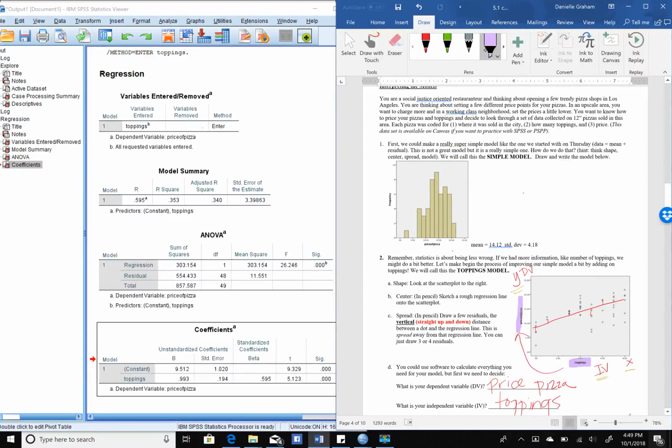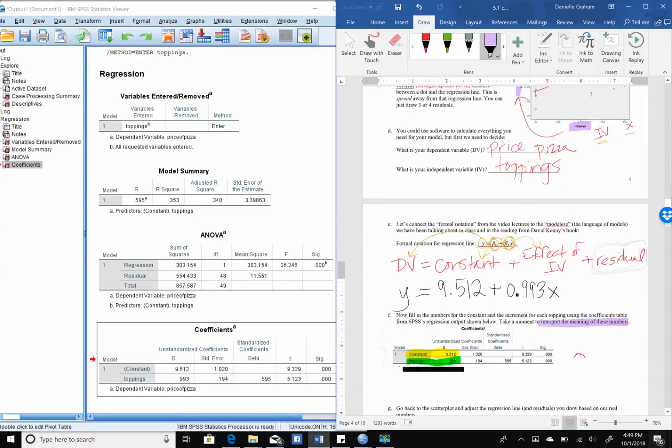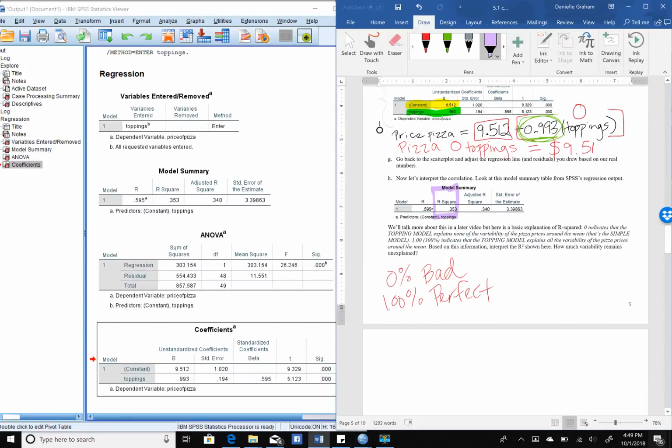We're trying to predict or explain the variance in price of pizza based on a model that includes number of toppings, right? So what this number is telling us is what percentage of our variability in pizza prices is explained by our model that includes toppings.